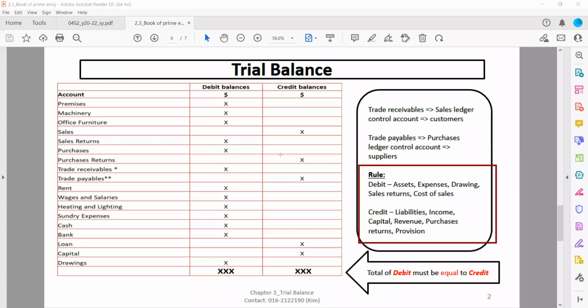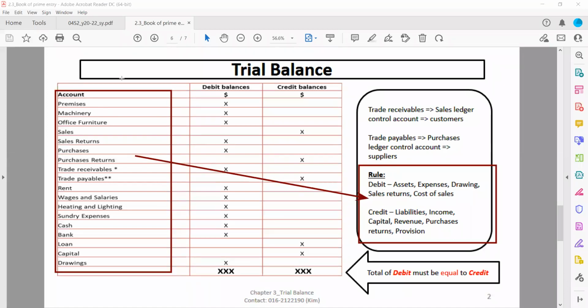There is a fixed rule. So you need to be clear in your mind when preparing the trial balance which section each account belongs to. Then only you can put it into the debit side or credit side correctly. So that is a key thing. Take note of it.